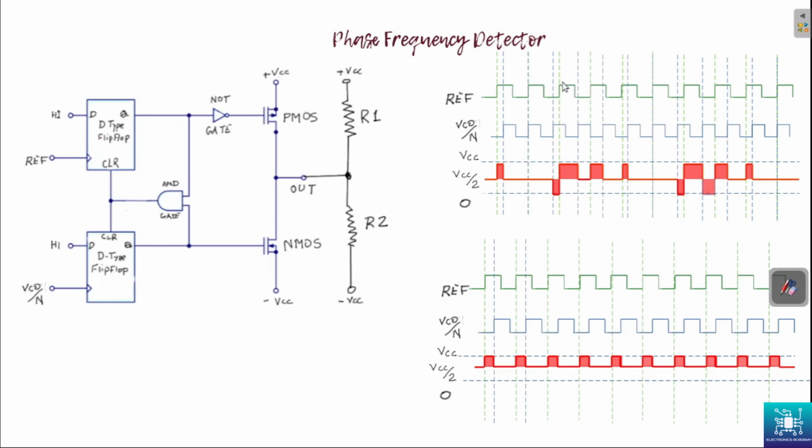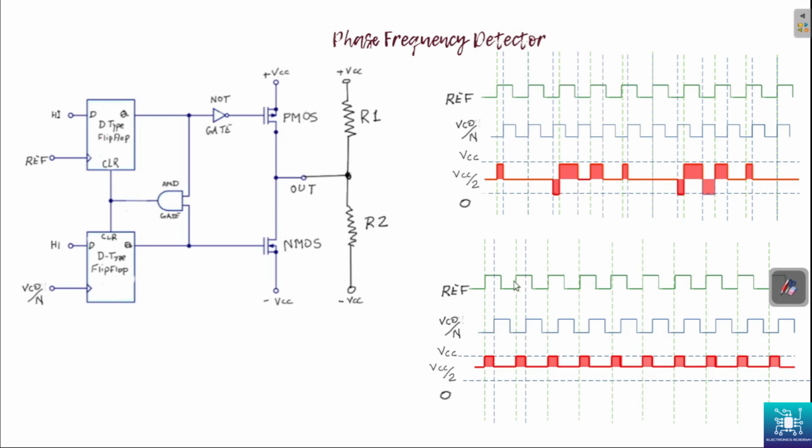If this signal is leading, the first rising edge creates a positive pulse, and when the second signal goes up, this pulse comes down. So the net output pulses look like this.